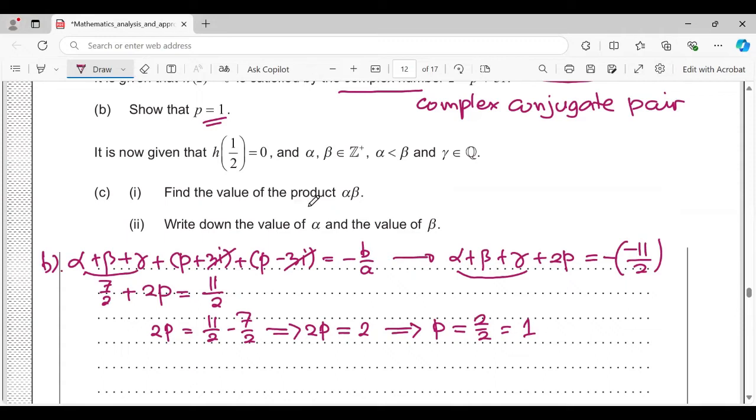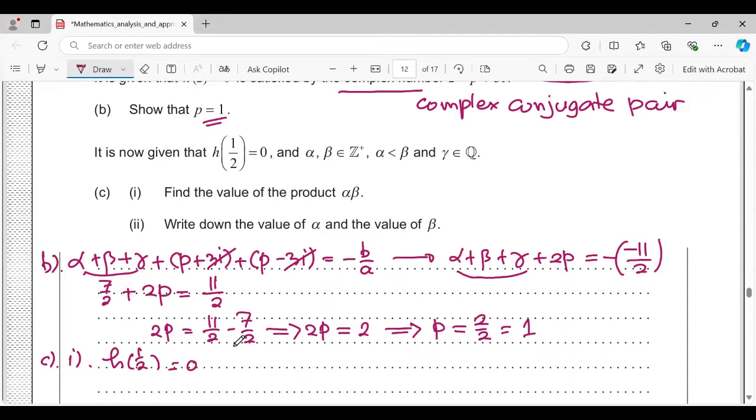Find the value of the product alpha times beta. For this function h, if h(1/2) equals 0, it means one half is a root of this function.